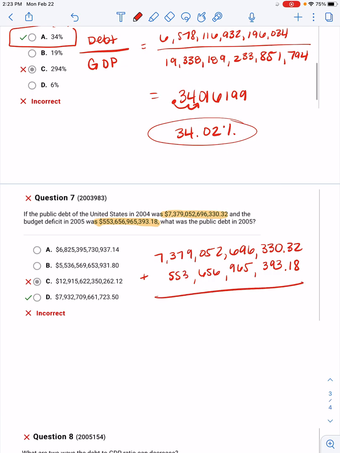Okay, I can assume it's going to be D just because all these groupings of numbers line up and I have 7 in front of that. So unless we're carrying over a lot of numbers, I can assume that it's D. That's the only one that starts with a 7, but I want to make sure.